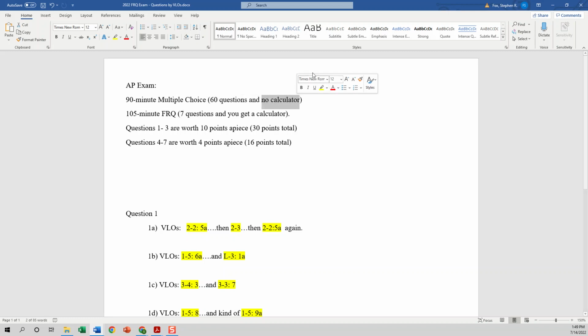Not every question involves a calculation, but some of them will, and you're going to have to do those calculations in your head. They give you numbers that should be kind of non-calculator friendly, but it's still some mental math that you'll probably have to go back and review how to do. And then after the multiple choice, you get a 105-minute free response section.